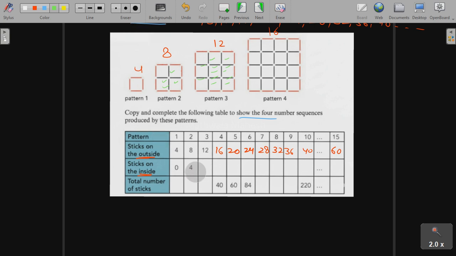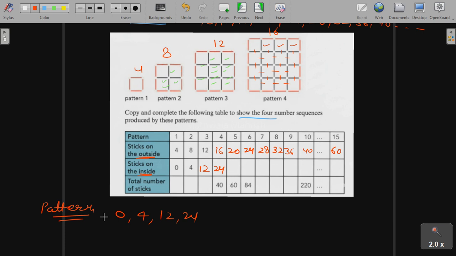Okay, I'm writing in the red one. Third one is 12. Fourth one, we count 1 to 24. So 24. So you can see what the pattern is in this one.